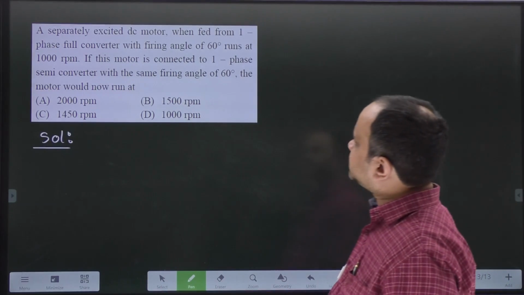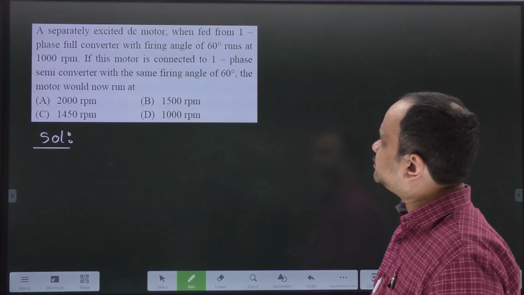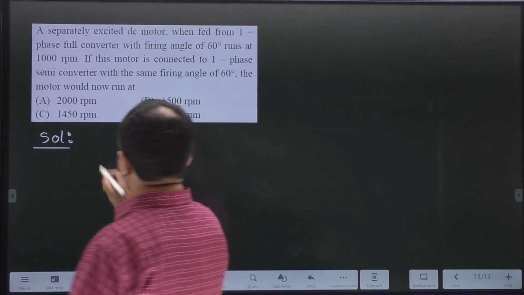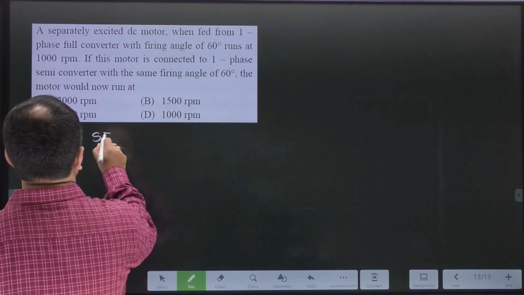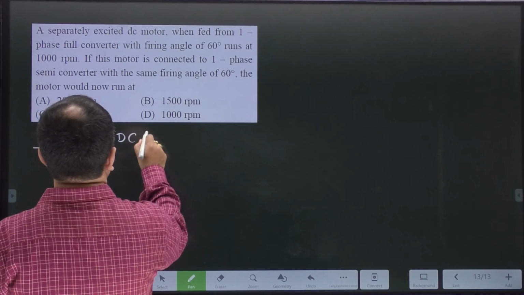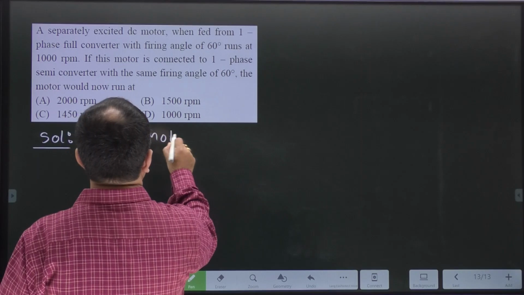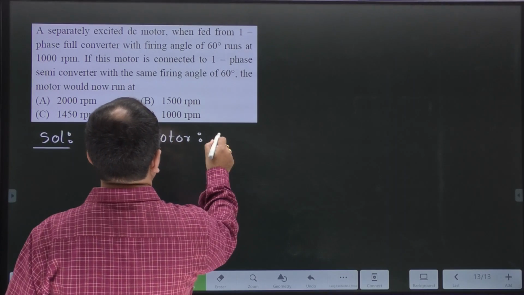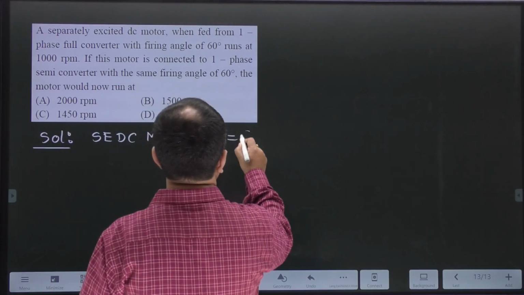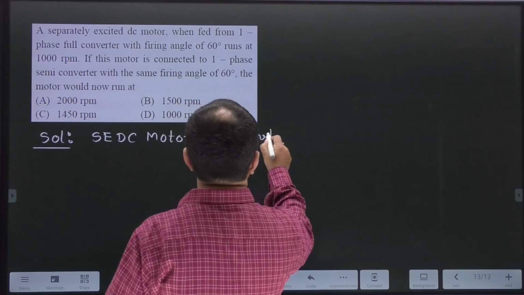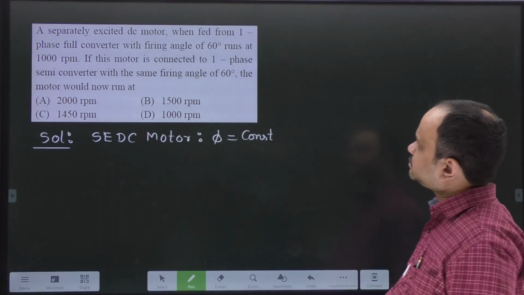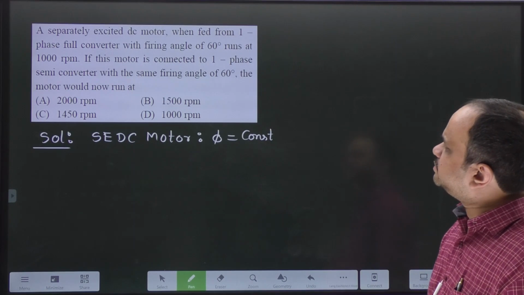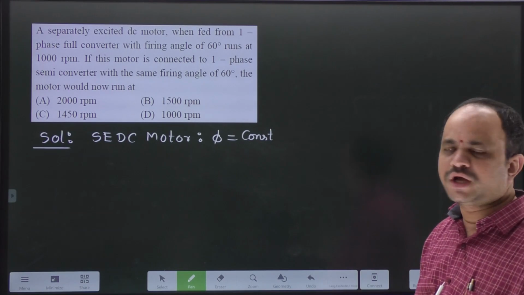A separately excited DC motor, that means flux is constant. Let me write down here. Separately excited DC motor means flux is constant when it is fed from single phase full converter.